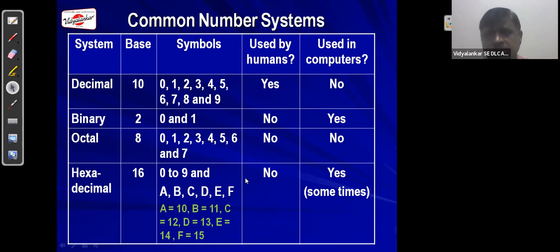We use alphabets to avoid confusion between other number systems. Every number system will be unique, with no overlapping. Otherwise I'd get confused looking at a particular value: is it decimal or is it hexadecimal? For that, those alphabets, A to F, are used.